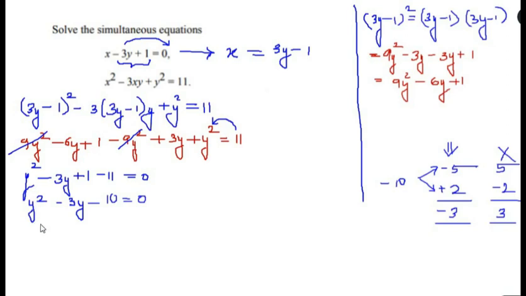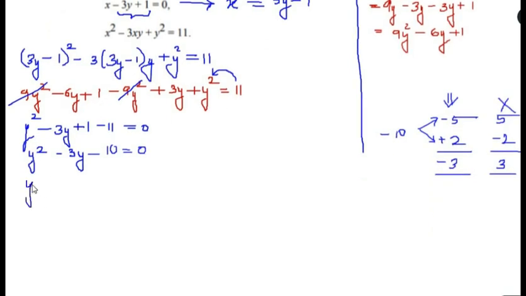So I'm going to split the middle term now as y square, and there has to be a negative 5y, and it has to have a positive 2y, and minus 10 equal to 0. Now I'm going to factorize it by grouping the first two and grouping the next two.